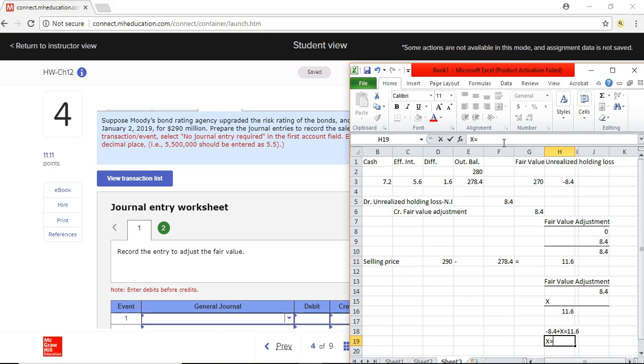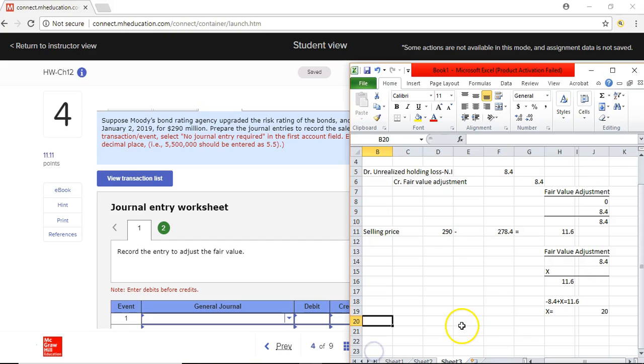Therefore, x is equal to 11.6 plus 8.4, which is 20.